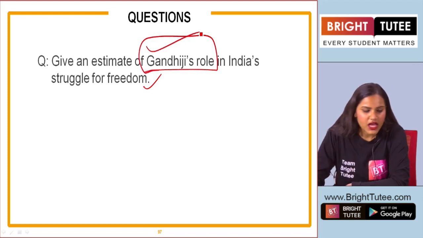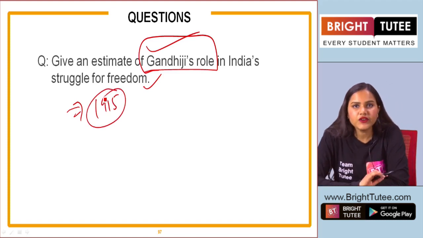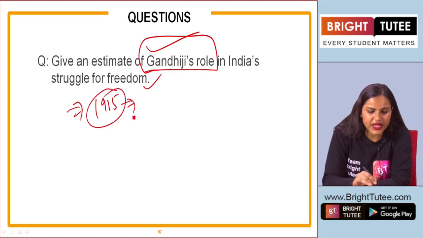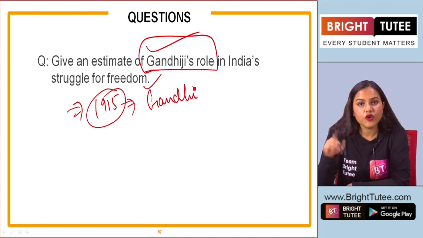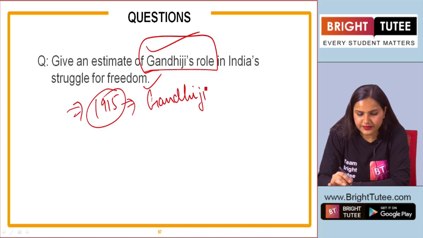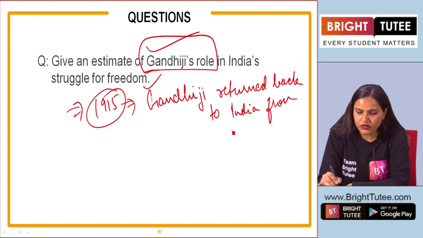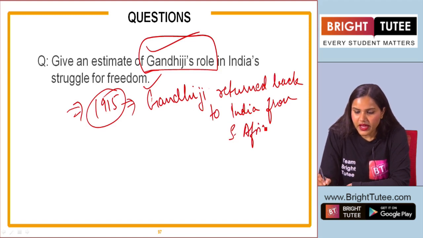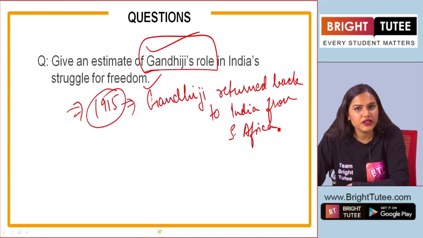Now, we all know that it was in January 1915 that Gandhiji returned back to India from South Africa. When Gandhiji came to India, students, what was the situation here?